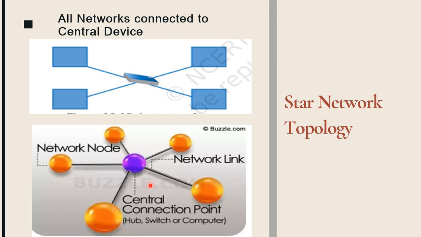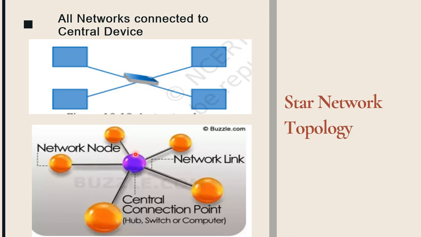The number of nodes that can be added depends upon the capacity of the central hub, and the setup cost for the star network topology is quite high in comparison to the bus network. So this is the second type of network, that is star network topology.